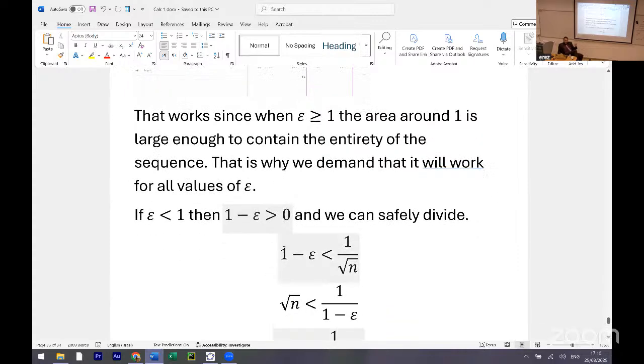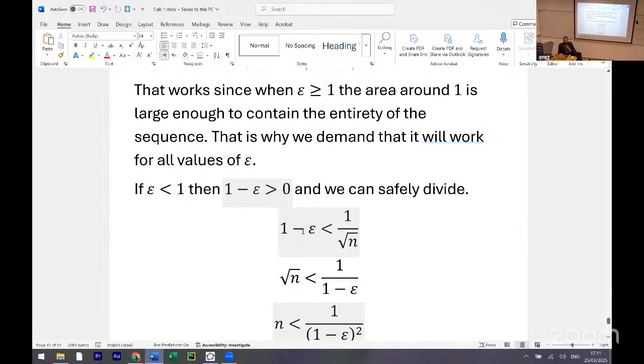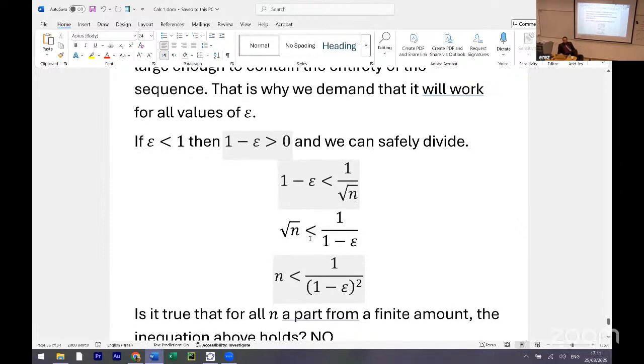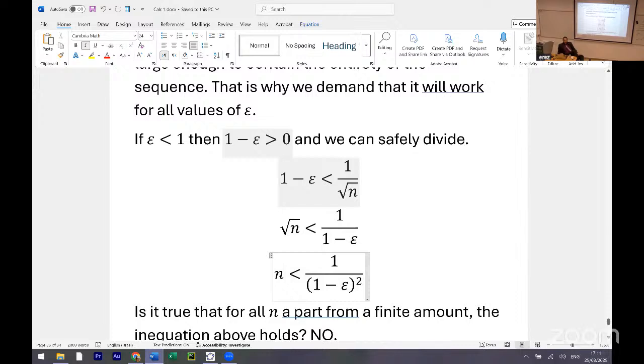We continued to prove and simplify the equation in this case, and found out that our demands are impossible. We wish to prove that this inequality holds from a certain point onwards. It doesn't. It's the exact opposite. From a certain point onwards, it doesn't hold. Any questions so far?